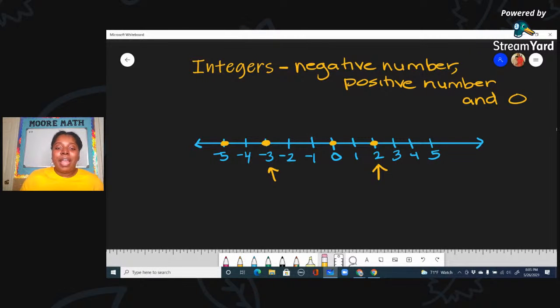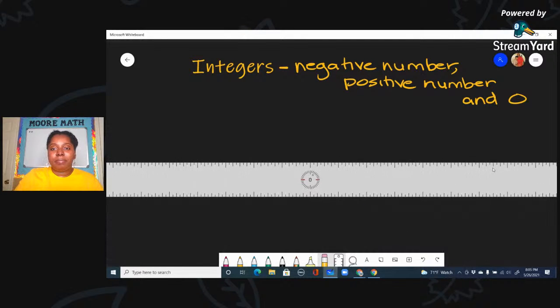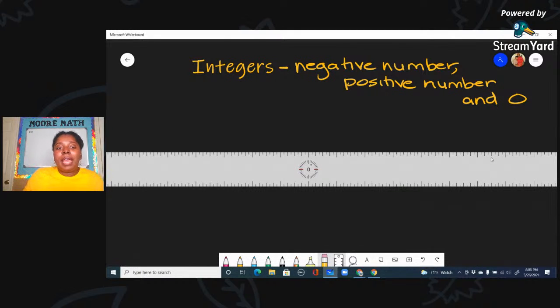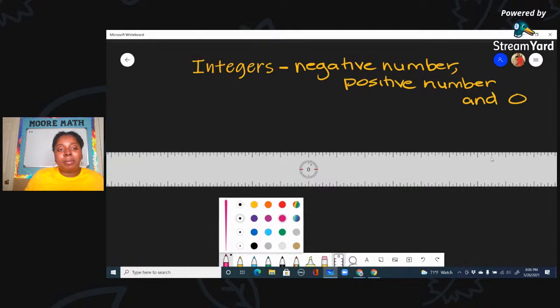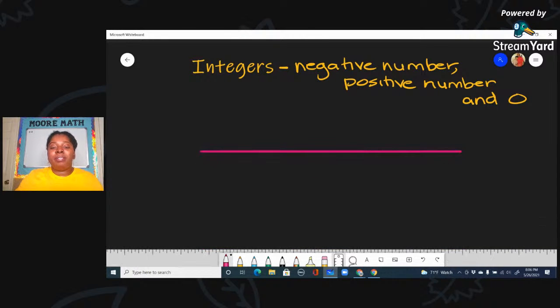All right. So now let's talk about opposites. So we have these integers, these negative and positive numbers. But there's something special about these opposites. And what do I mean by opposites?